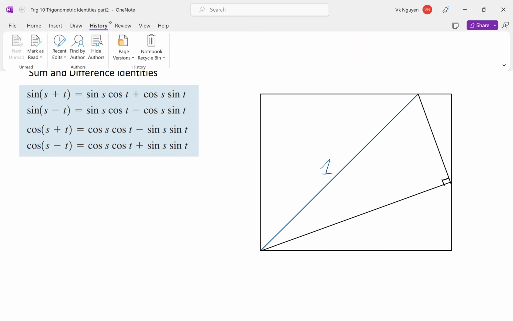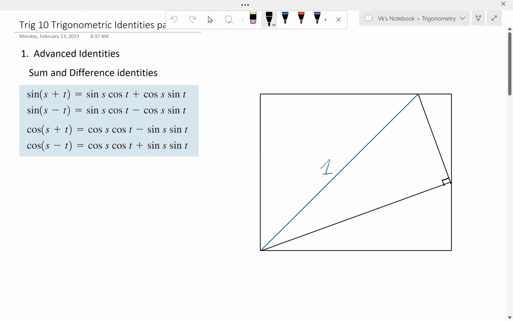Now let's get some angles in there. That is the angle S, and this one is the angle T. From the very basic right triangle, if this is the angle theta, the hypotenuse r, and sides y and x, we see that sine of the angle theta is y over r, meaning that y is r sine theta.